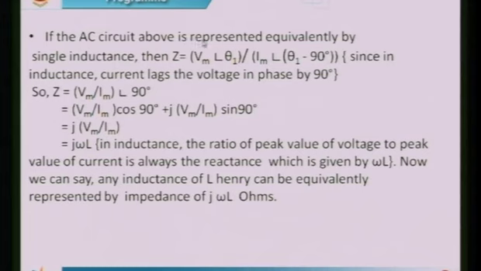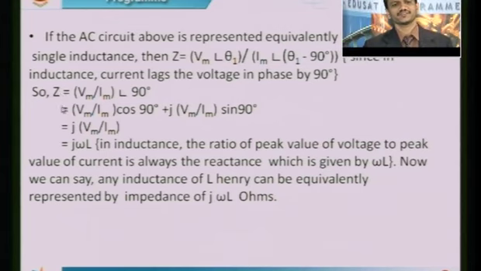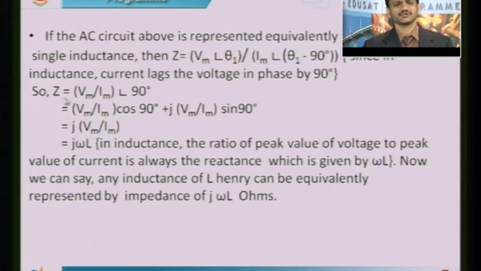Z is equal to Vm at an angle of theta 1 divided by Im at an angle of theta 1 minus 90, for the simple reason that in the case of an inductor, current lags the voltage in phase by 90 degrees. So the impedance of any inductance is equal to Vm by Im at an angle of 90: Vm by Im cos 90 plus j Vm by Im sin 90.